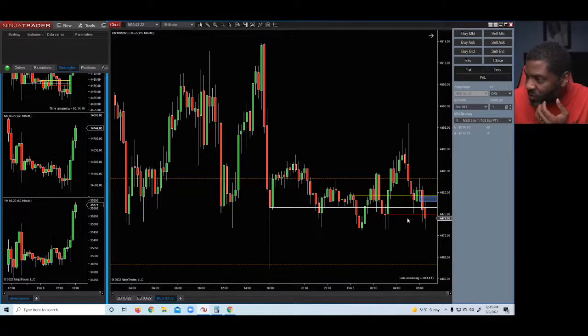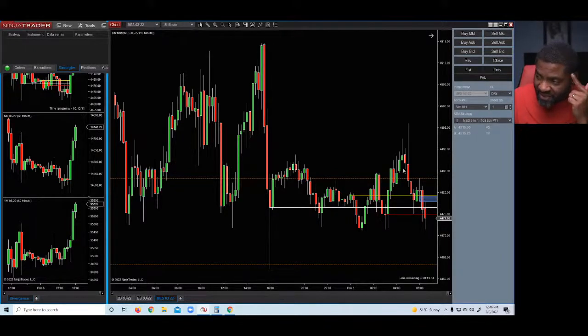It broke a swing low here. This one here was a fair value gap, but it didn't break a swing low. And it traded back up into it. It didn't fill it, but it had traded back up into it when it made this swing low. This fair value gap here. So that's why I marked that one over this one.